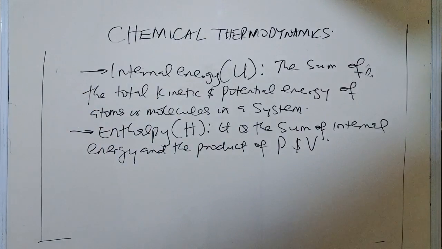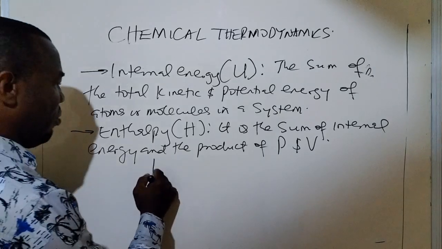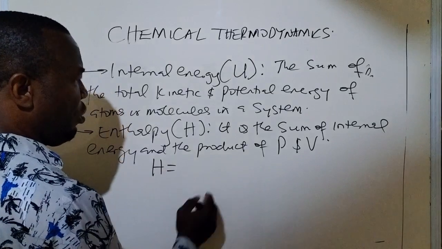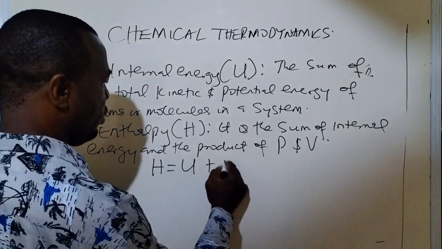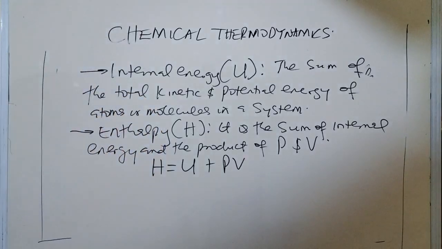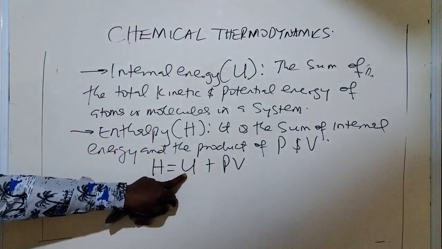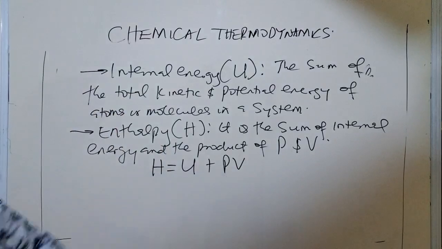So we can say the enthalpy of a system is H equal to U plus PV. That is what is meant by enthalpy of a system.